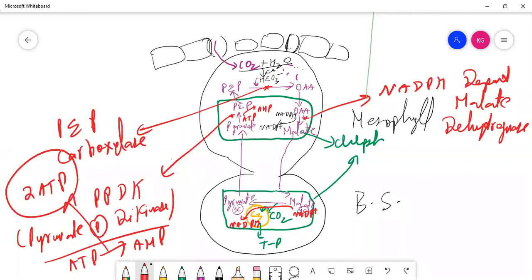I'll just write it over here. So this reaction, malate to pyruvate, not only releases CO2 but also produces NADPH. Remember this too. And there is a significance of this.